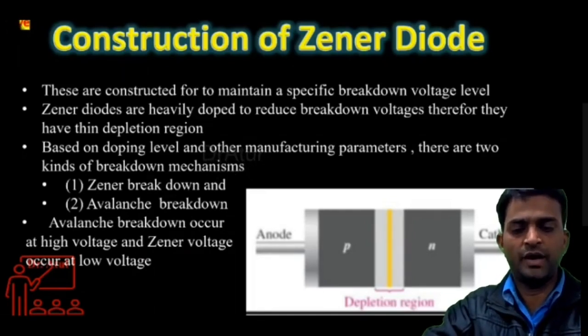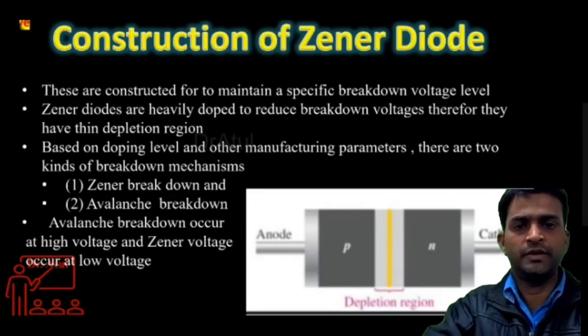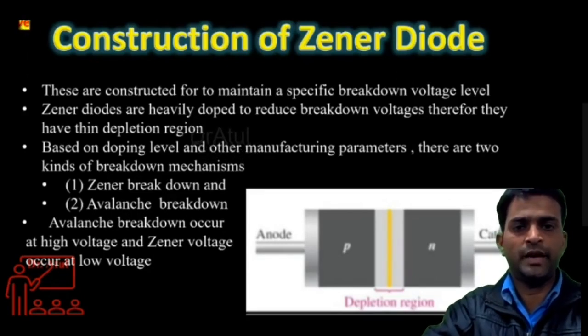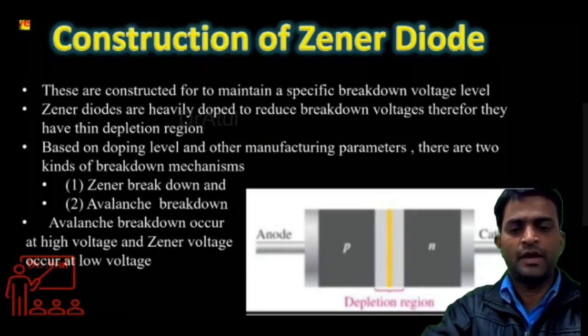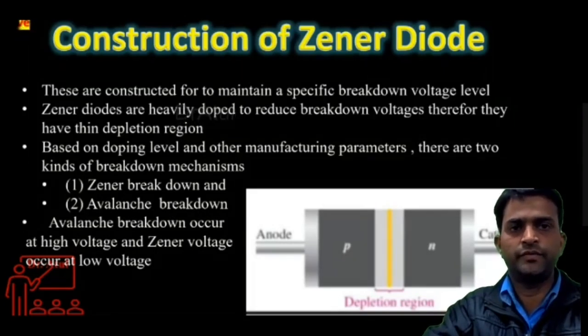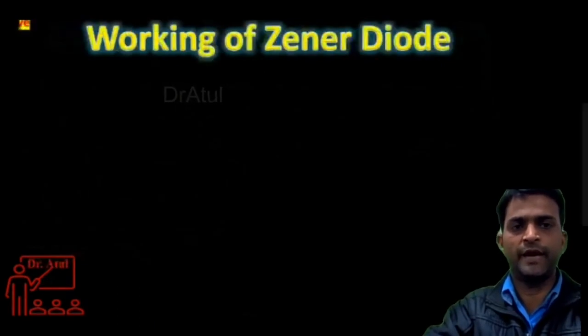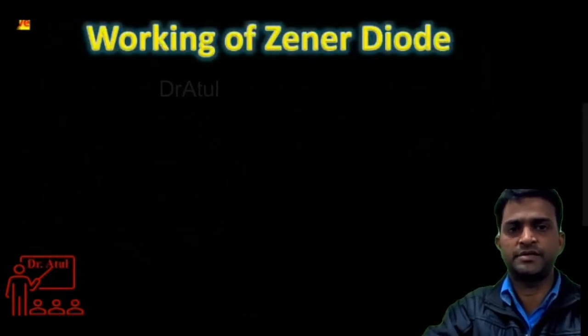If you have a Zener diode with a low breakdown voltage, you will face Zener breakdown, and if the Zener voltage is more than 6 volts, that diode will have the avalanche breakdown mechanism inside it.